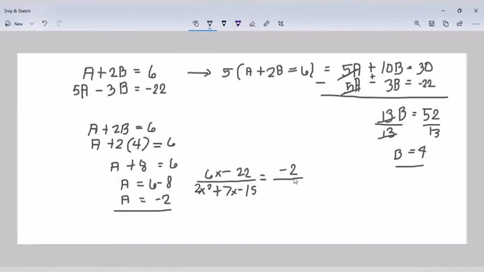Equate, that would be negative 2 over the first factor, which is 2x minus 3, plus the value of b, which is 4, as the numerator. Then the denominator will be the second factor, which is x plus 5. Now we have our answer.